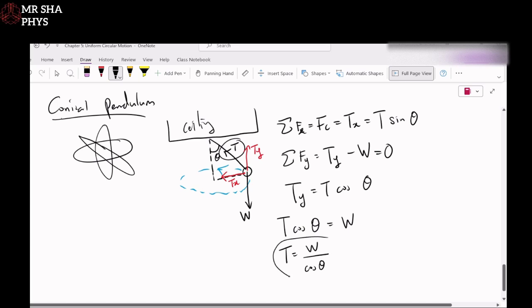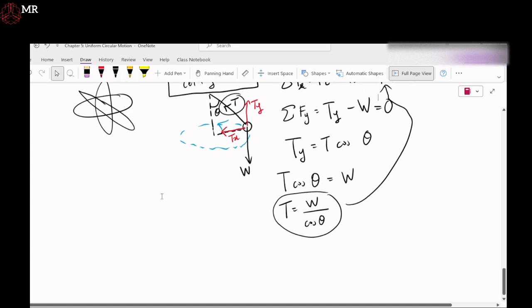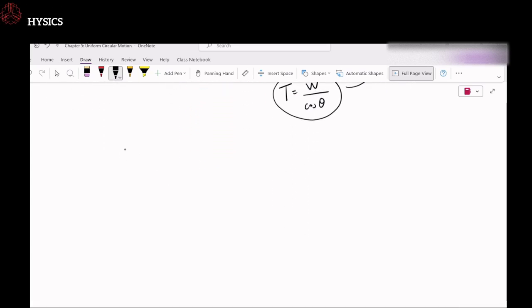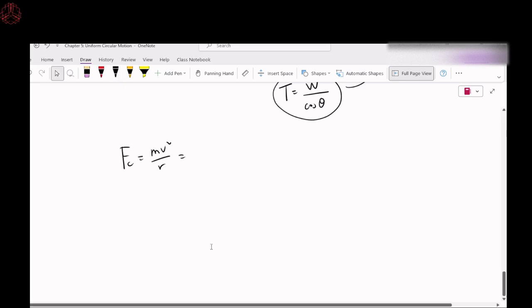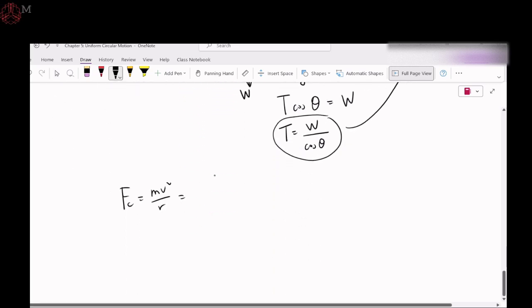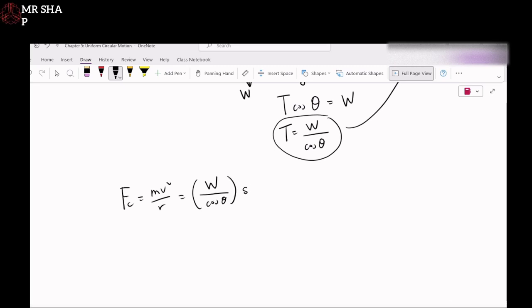I can take this and put it in here. What I'm left with is Fc equals mv squared over r. That's fine. And then I have T sine theta, but now T is being replaced. I'll have W over cos theta, then times sine theta. Now sine over cos just gives me tangent.